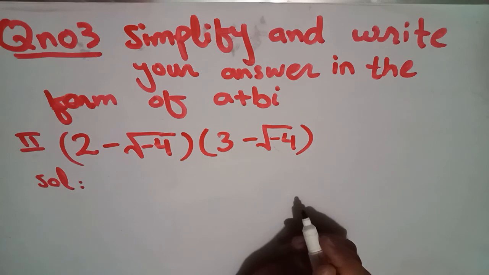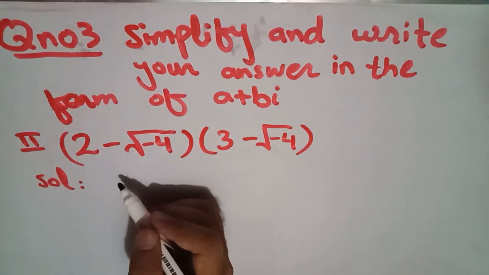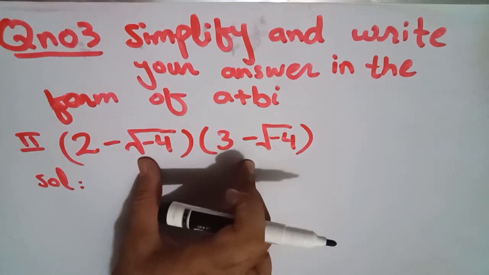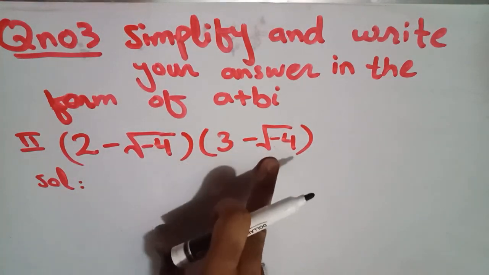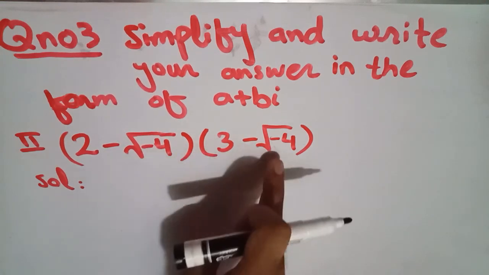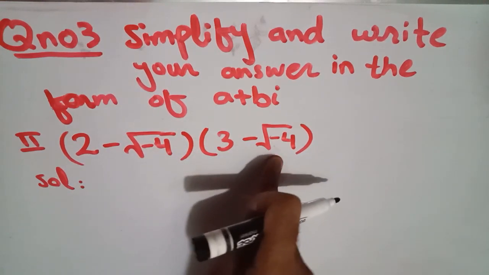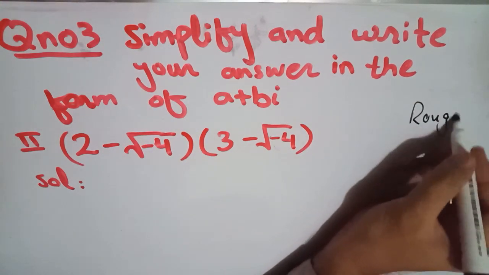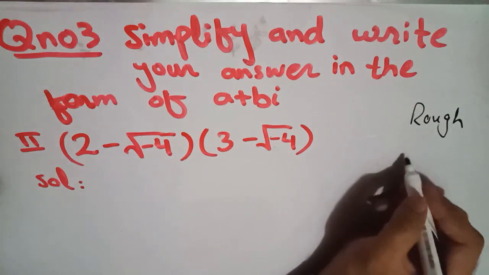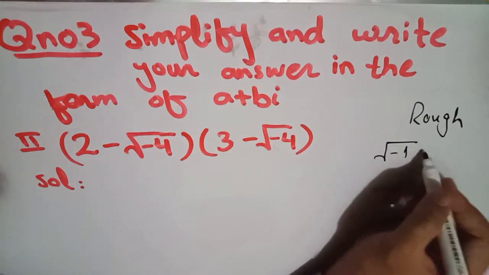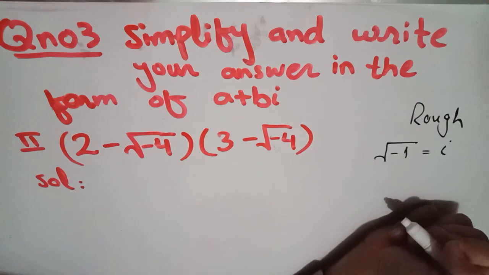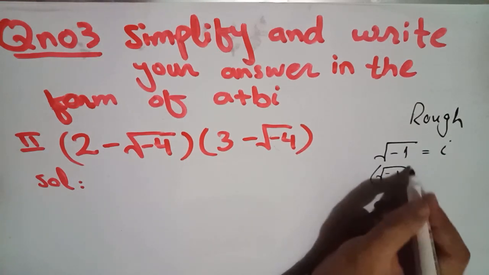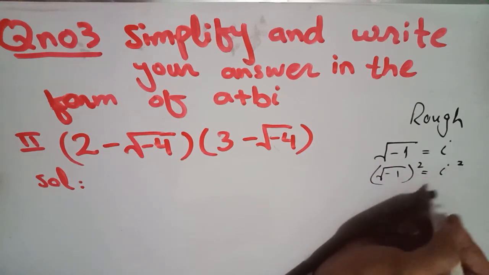Okay, in the next question, in this second statement, both these factors are multiplying with each other, but one thing that I want to tell you is that there is minus 4 under root and minus 4 under root. So in the rough work, if you remember that minus 1's under root is equal to just iota, not iota square, and we have the iota square by applying the square on both sides.